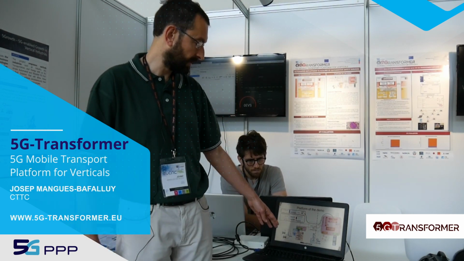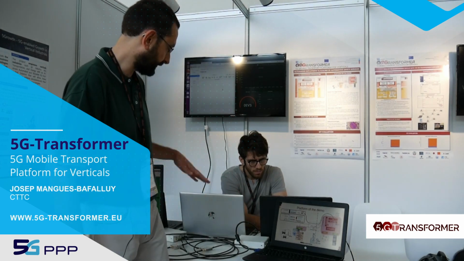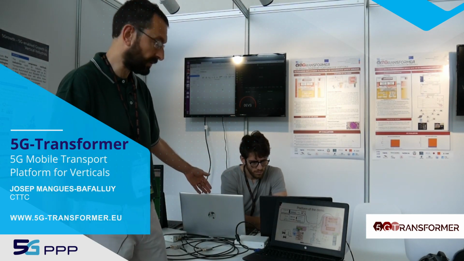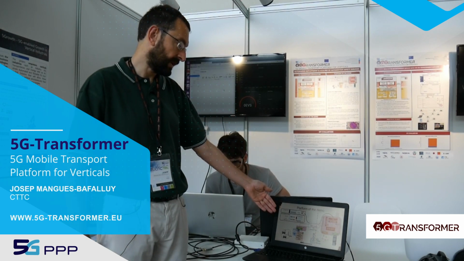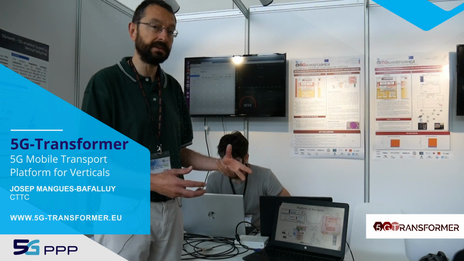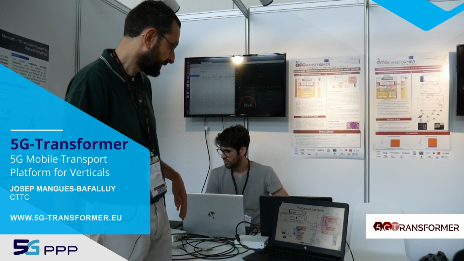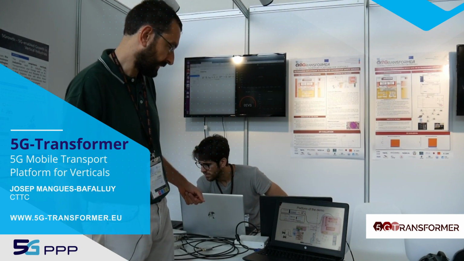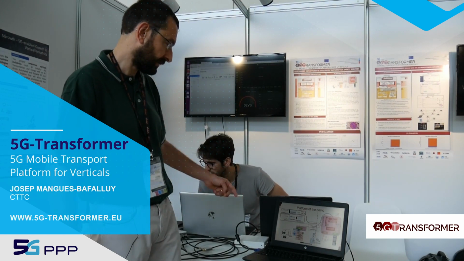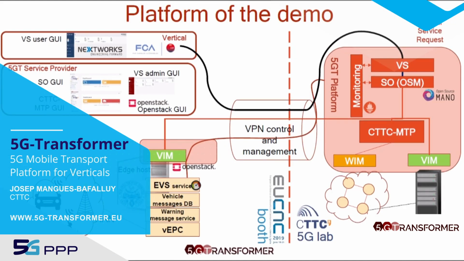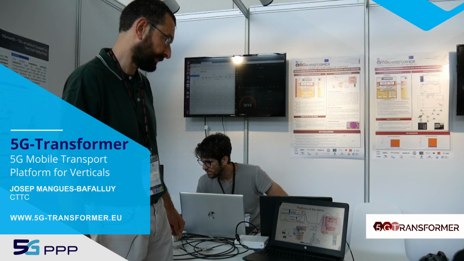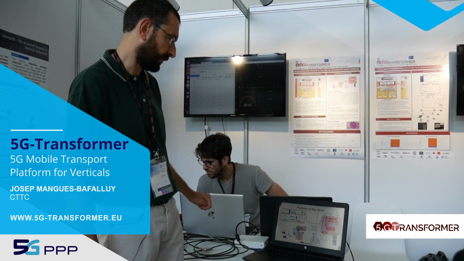What we have in the booth is first the edge host, where we are deploying all the virtual machines that represent the VNFs of the service. This was prepared by Politecnico di Torino. And the OpenStack acts as a VIM that controls this edge host and the deployment of the virtual machines in this host.